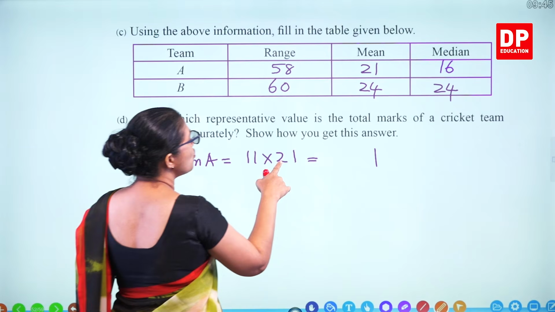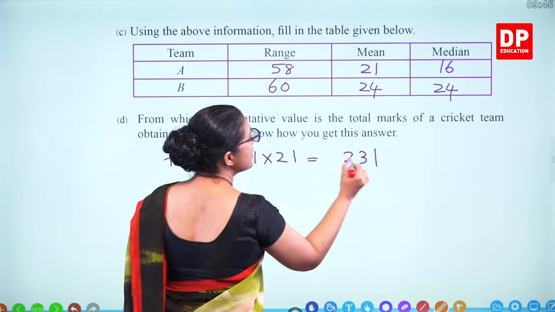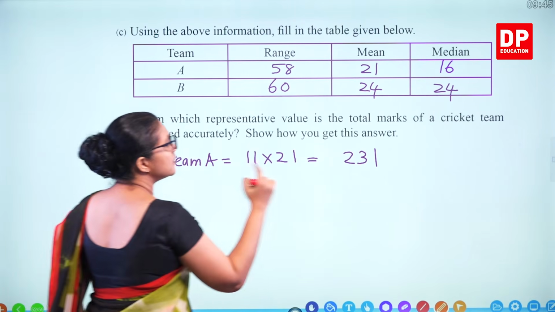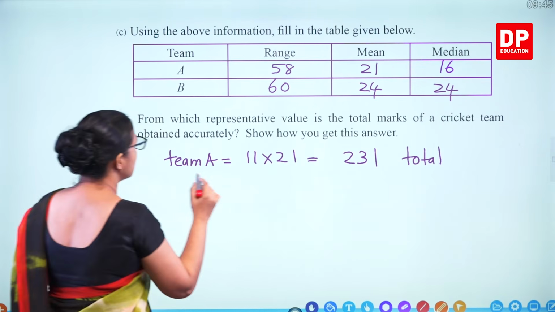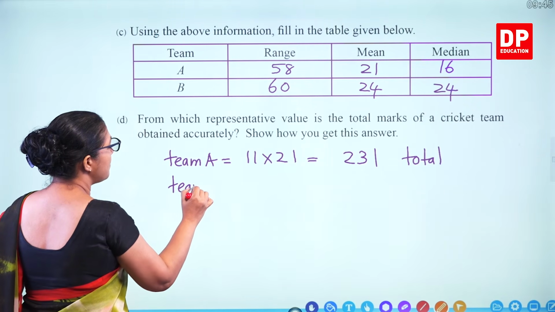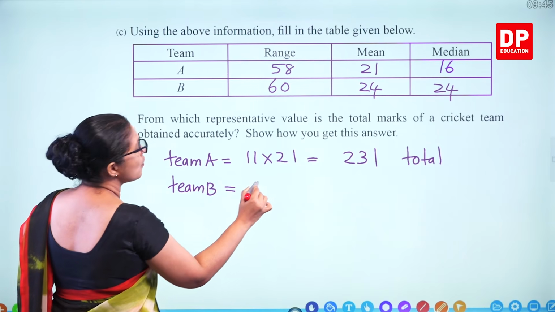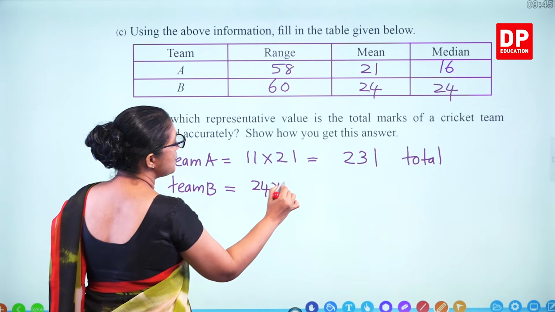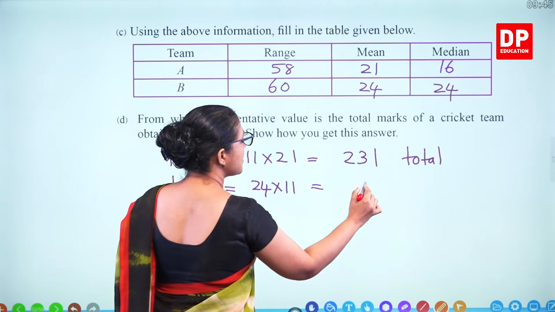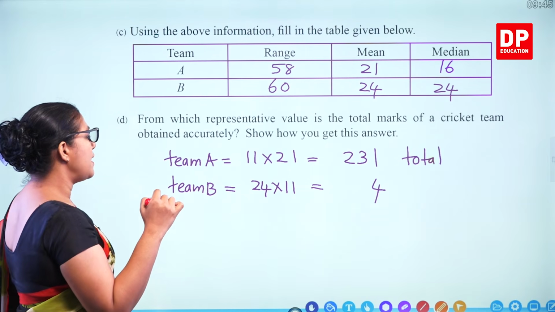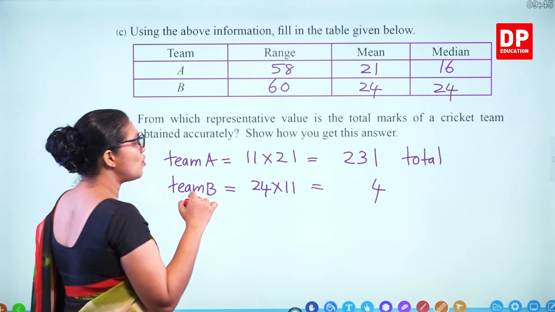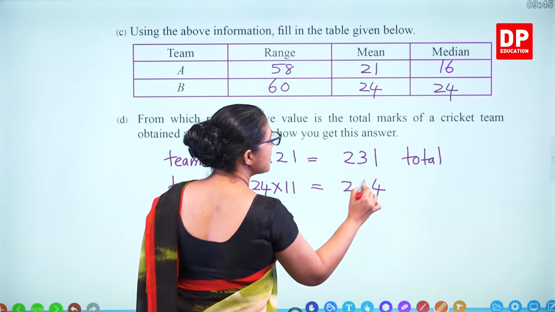And 11 times 2, 22 plus 1, 23. That's the total marks. So 231 runs. Team B, 24 times 11. 11 times 4, 44. 4 remaining. 11 times 2, 22 plus 4, 26.